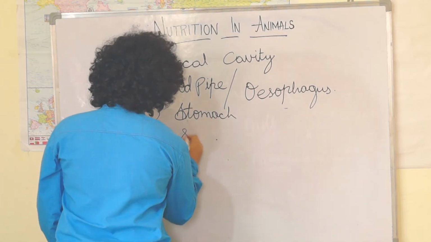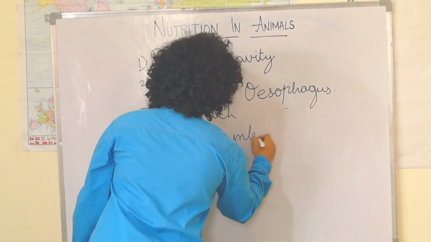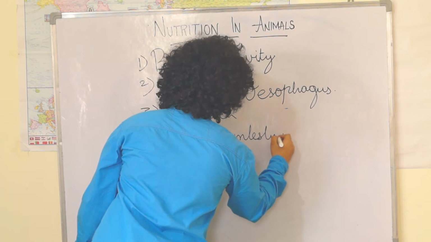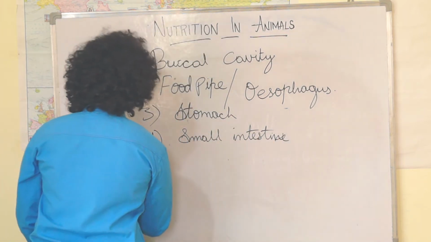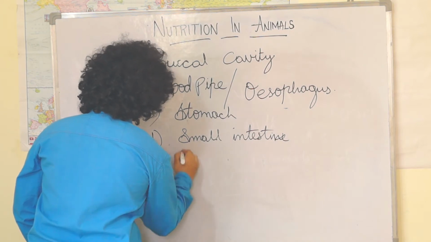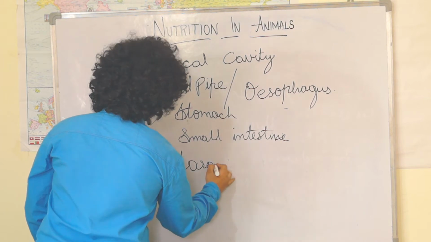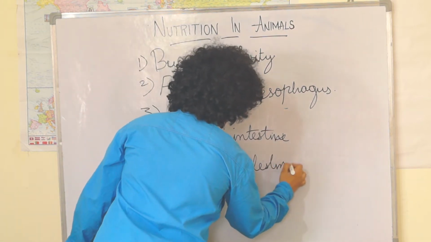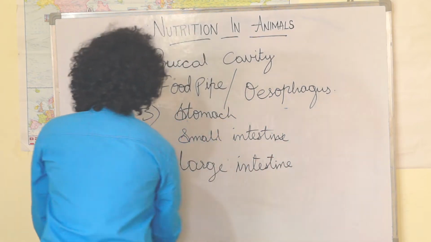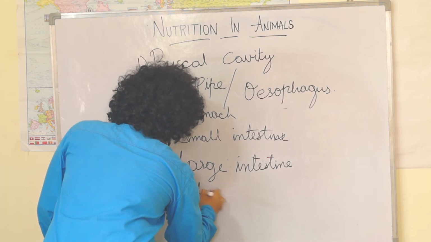And the fourth one, small intestine. Note down all the parts of the digestive system, my dear friends. Small intestine. And the fifth one is large intestine. The sixth one is the rectum.